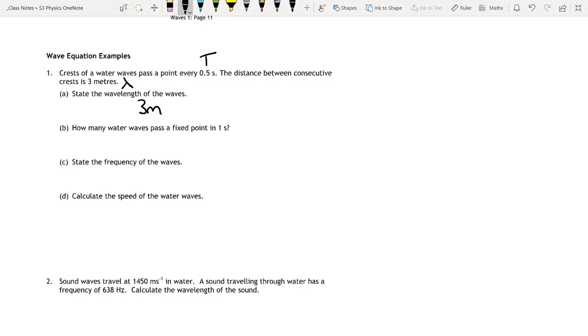So one wave passes in 0.5 seconds. So if one is in 0.5 seconds, how many would be in 1 second? Yeah, 2. So 2 waves in 1 second. So the answer to that is 2.